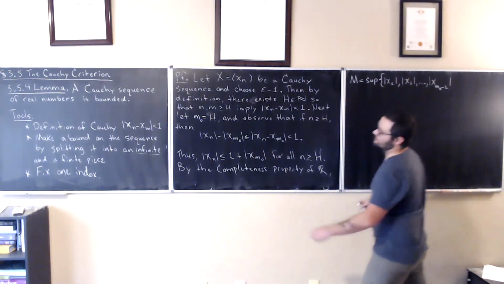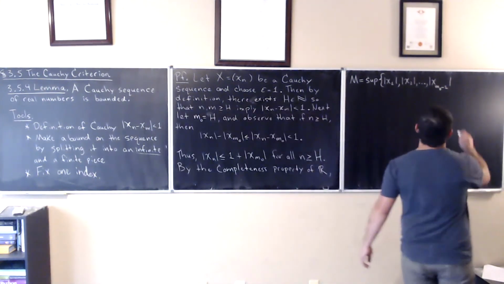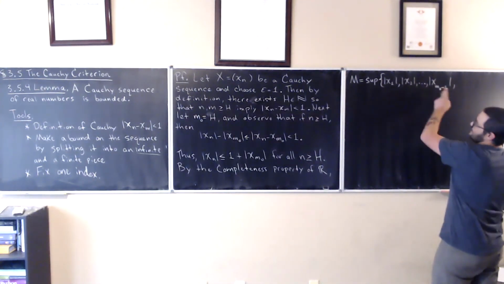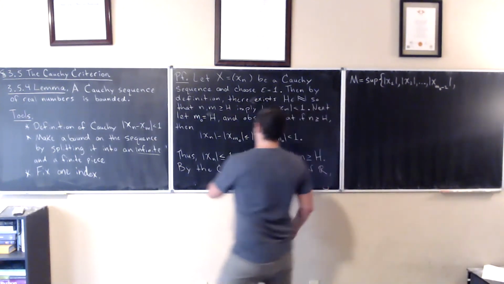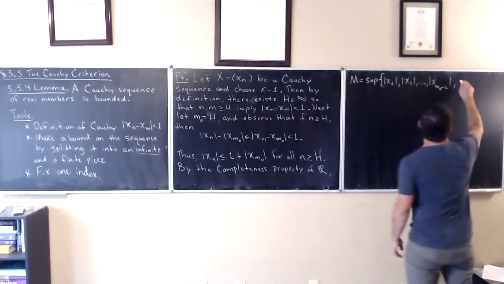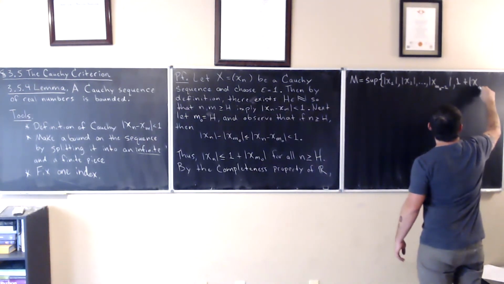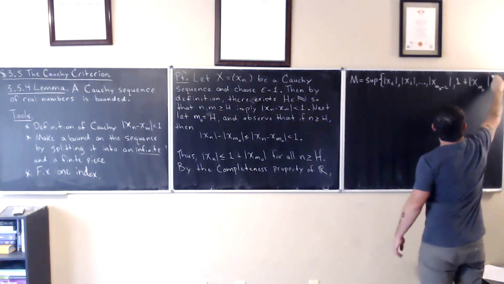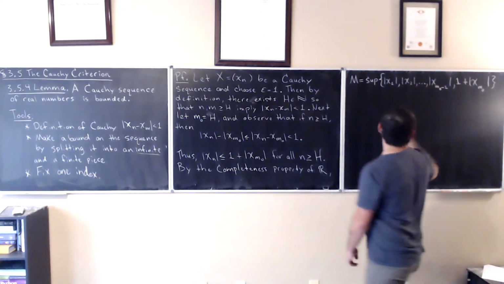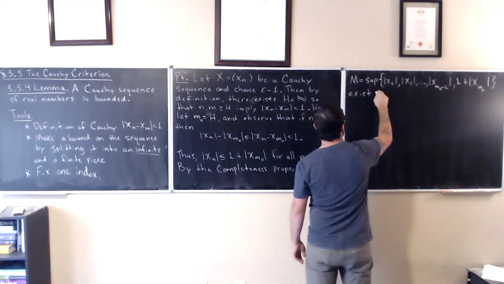That was the cutoff, m naught is equal to h. So that's the finite portion there, and then the other bit is bounded above by that. So by the completeness property, this exists in R.